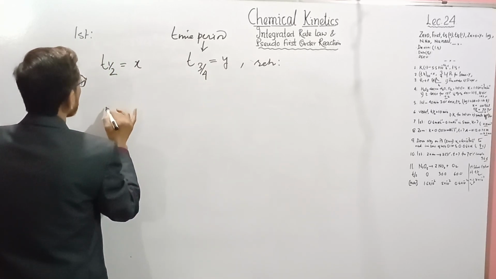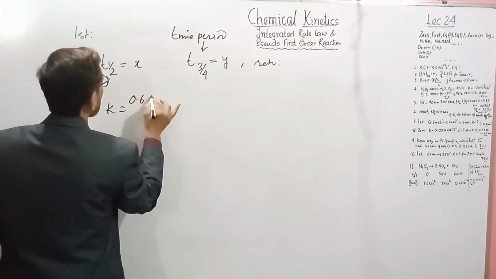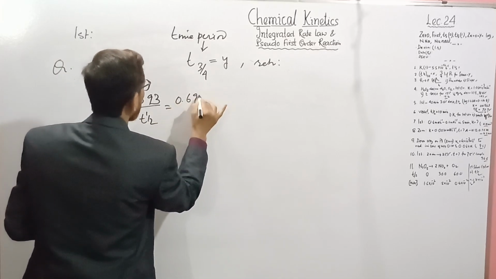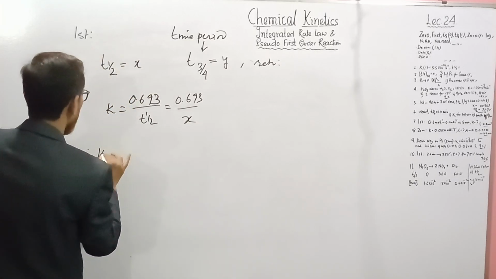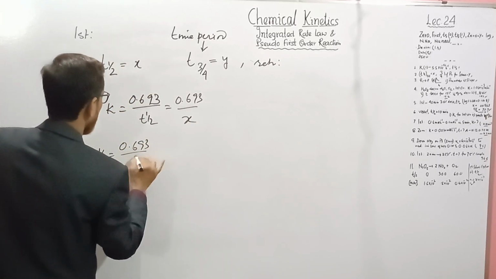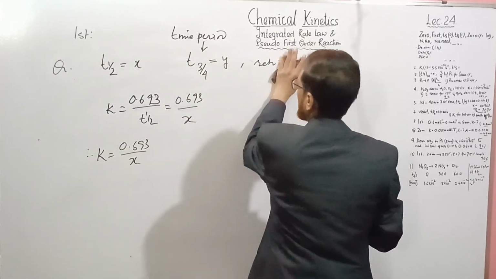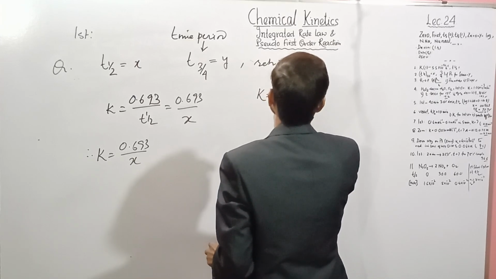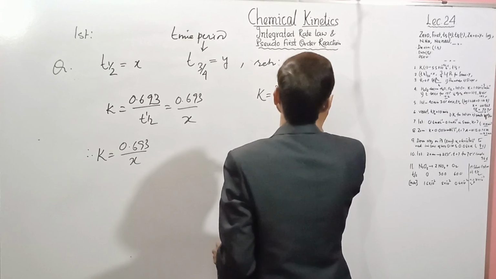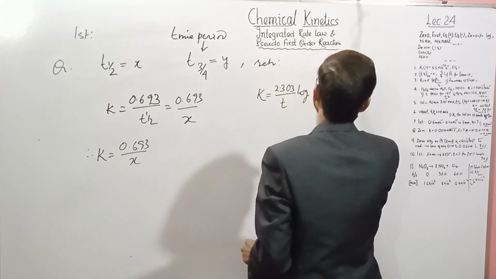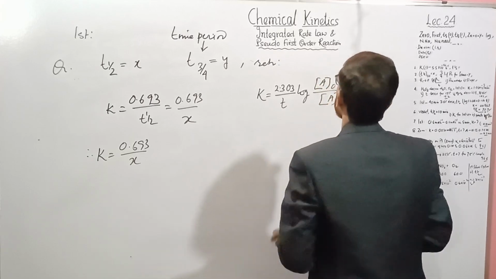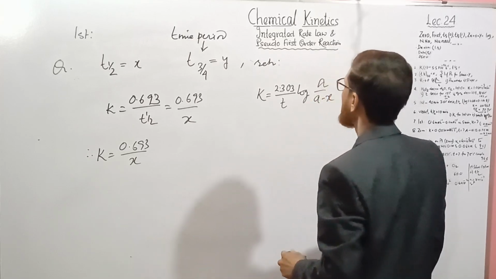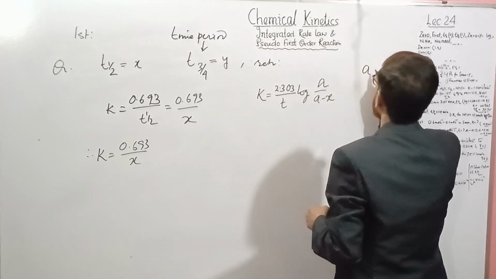So you write K is equal to 0.693 by T half, and you are given this is X, so we have got K is equal to 0.693 by X. Am I right? So again K is equal to 2.303 by t log A by A minus x. Here A is the initial concentration.